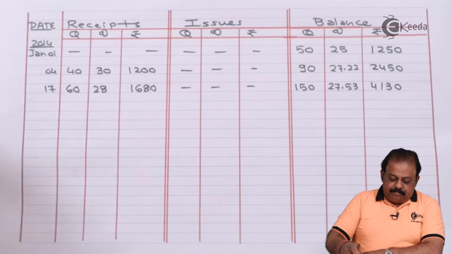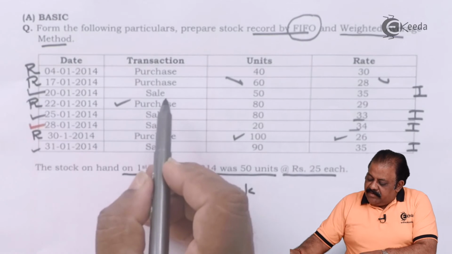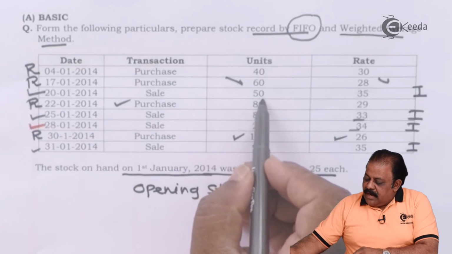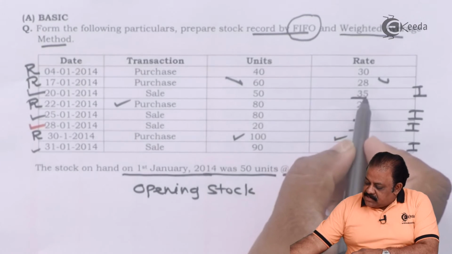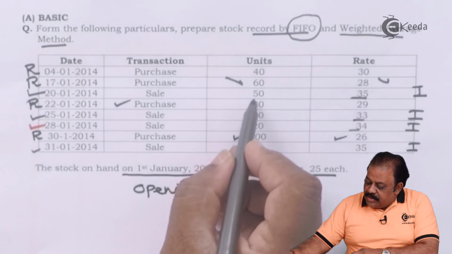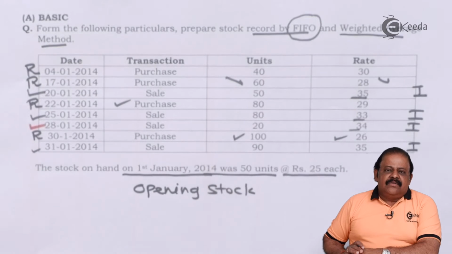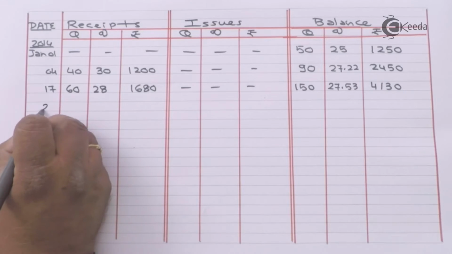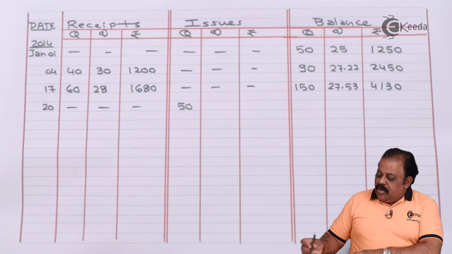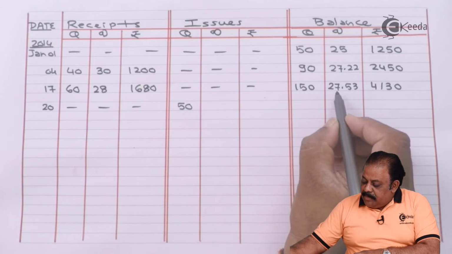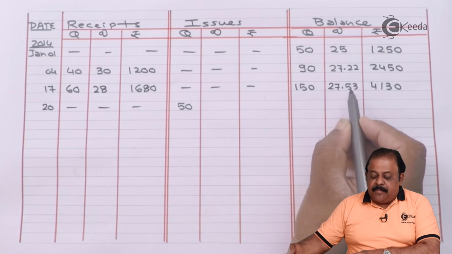27.53 paise. On 20th January there is a sale of 50 units at the rate of 35. We are required to ignore the selling price 35. We are required to record the issue of 50 units at cost price. In the quantity column we have recorded 50 units. Rate will be this 27 rupees 53 paise.